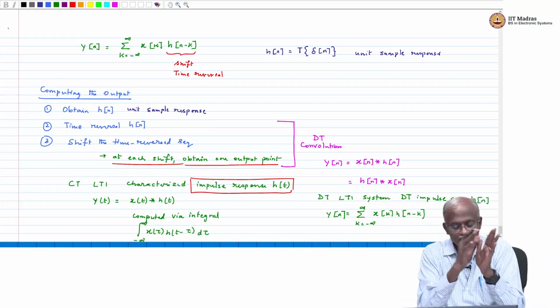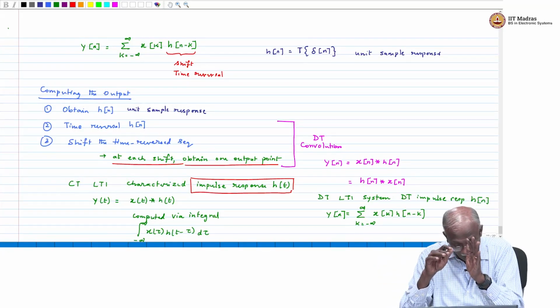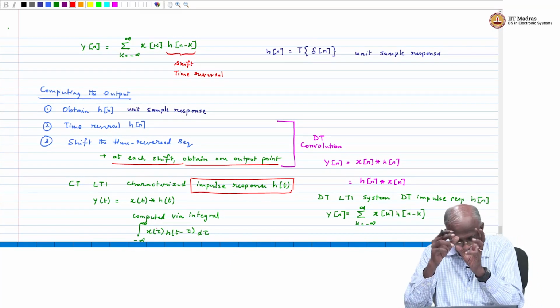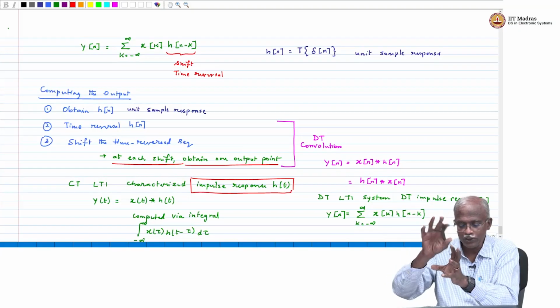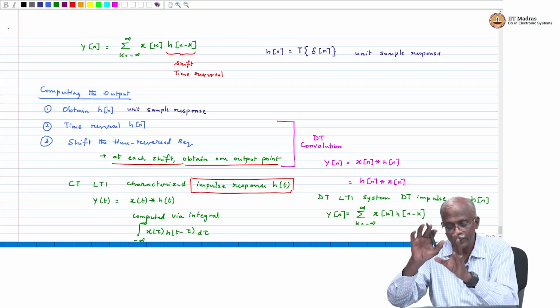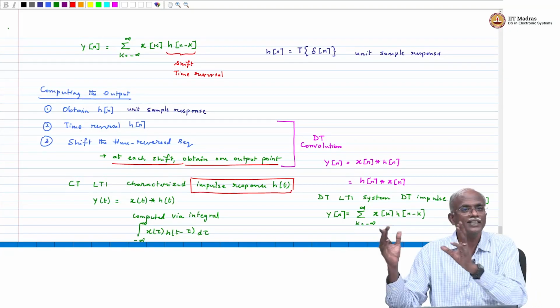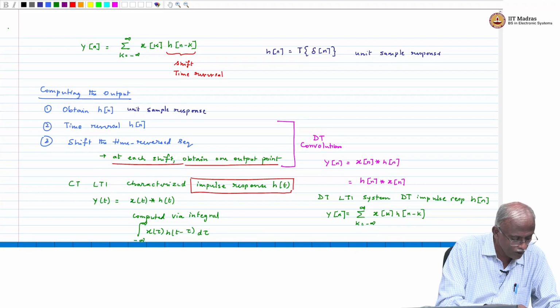It is computed not via a summation, but by a convolution integral, which goes from minus infinity to infinity. In x of tau, the signal is retained, and the impulse response is flipped and shifted, so that you can then compute the integral. So, this is the discrete time counterpart of the continuous time convolution integral.